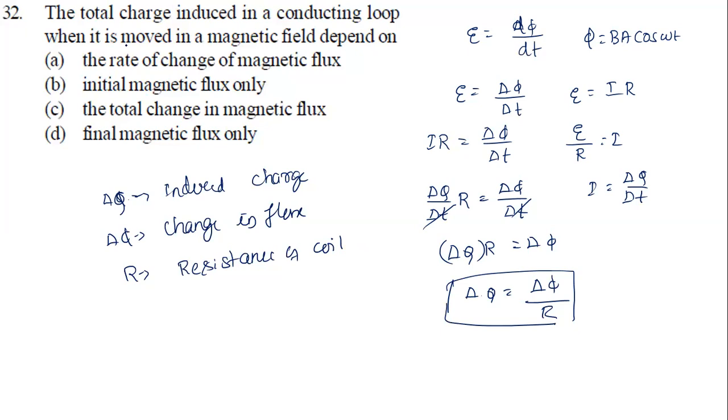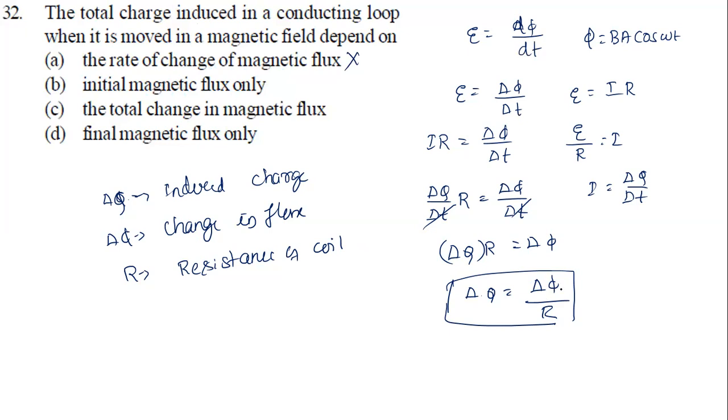Now tell me, the total charge induced in a conducting loop when it is moved through a magnetic field depends on which factor? One is change in flux and resistance. Look at the options. Rate of change of magnetic field? Is it a rate of change? No, delta phi is just a change. Rate of change is when we divide by time, so this is not the right answer. Initial magnetic flux only?